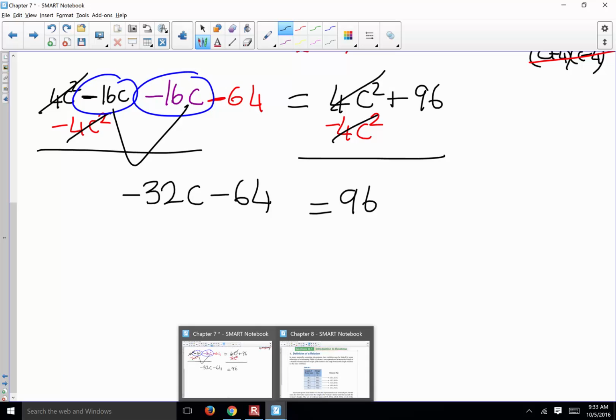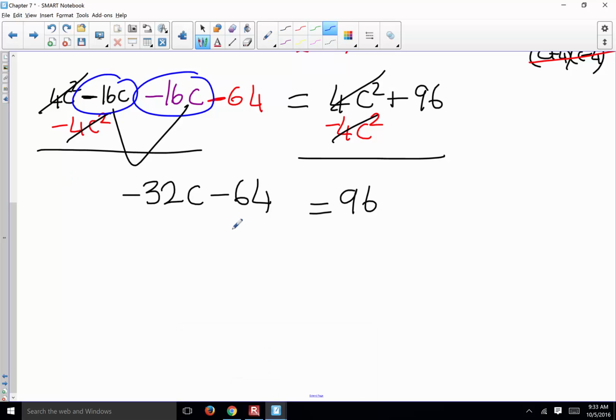Okay? And what do we do? Shall we bring 96 to the left as well? Sometimes we bring everything to the left, sometimes we keep stuff on the right. When? If this is a square and c and number, you bring this to the group and make it a trinomial and factor.